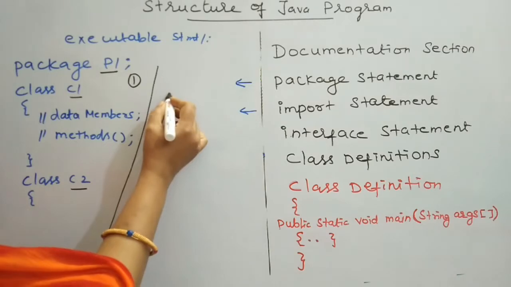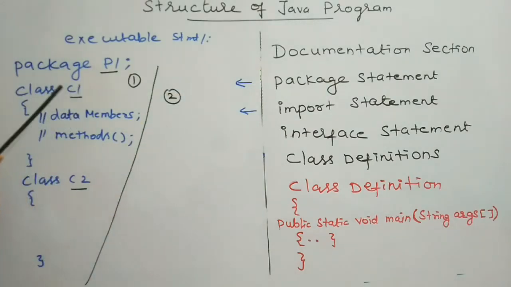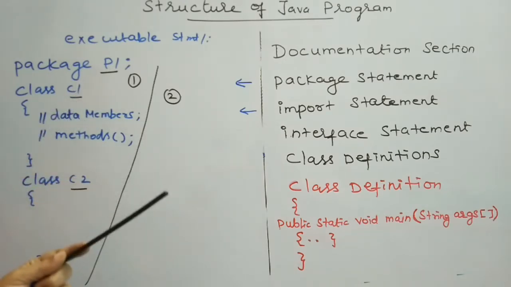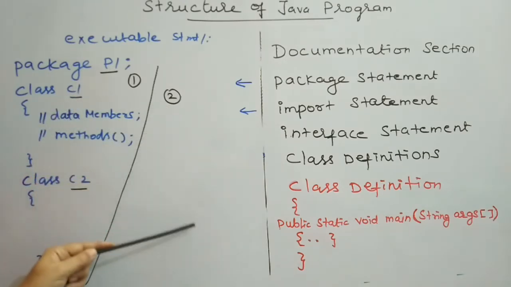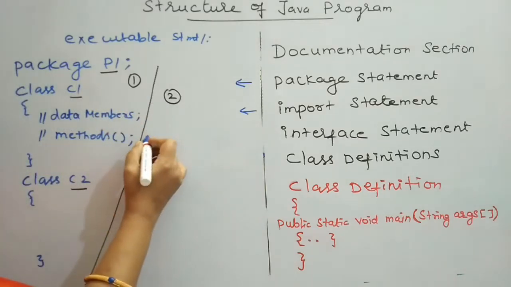So in another Java file, if I want to make use of these class definitions and to access the method defined inside class definition C1, what to do? First, I need to import this class definition in the Java file where I want to make use of this. How to import?